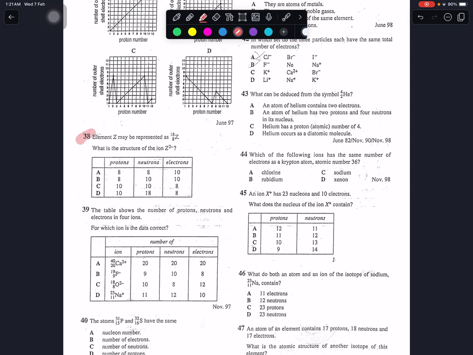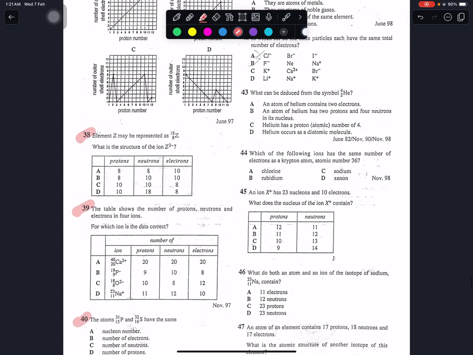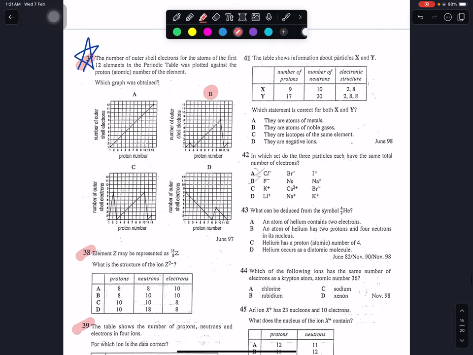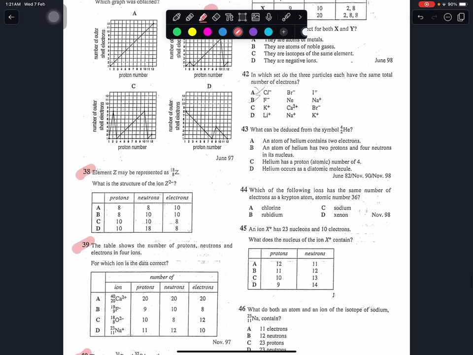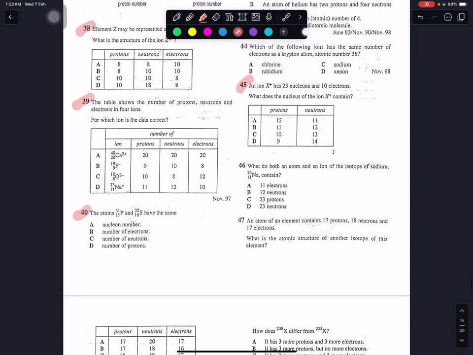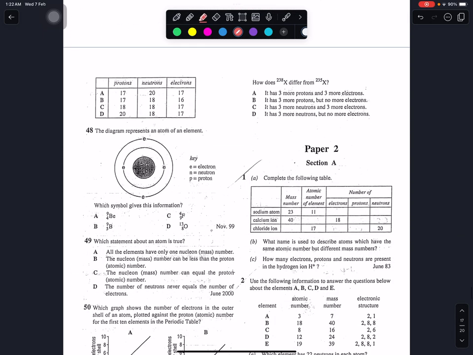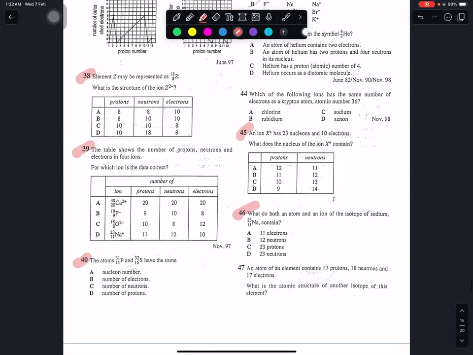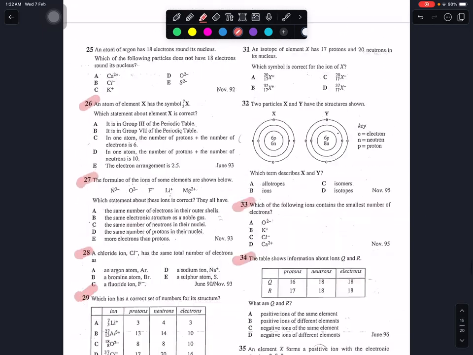Then I also give them 38, 39, 40, 41, 43, 45, and 46 is good as well, and that's usually when I stop. Usually I don't give them questions beyond this, but the questions that I've been giving you are really meant as a guide for the extra questions.